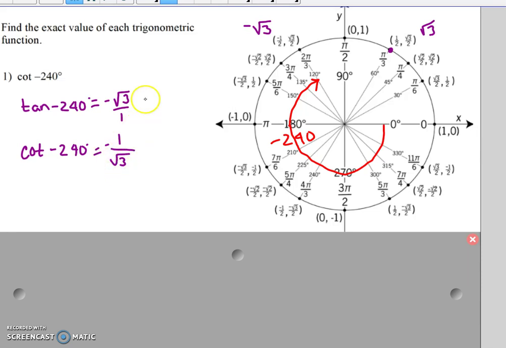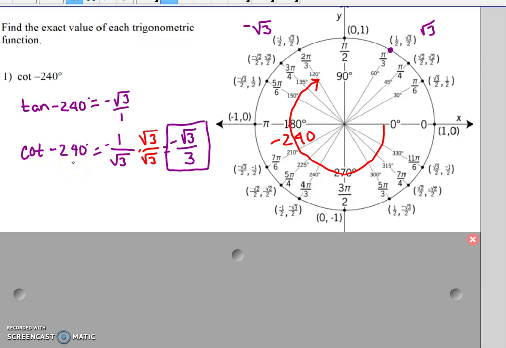We can't leave it like that, so we need to rationalize it. If you have a radical in the denominator, multiply the top and the bottom by it, and that takes it out of the bottom. So we'll have negative square root of 3, and the bottom is just 3. That would be our cotangent of negative 240.